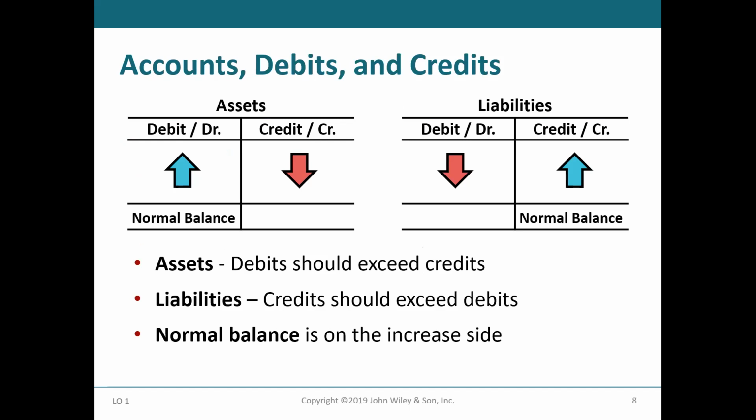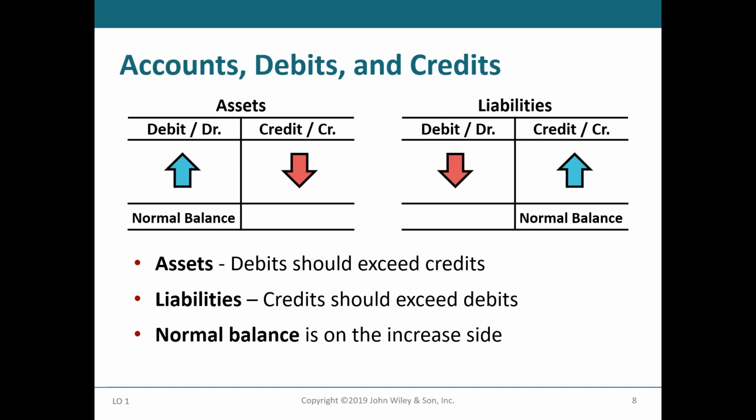Now we look at the normal balance. The normal balance of an account should always be on the increase side. So for example, assets: you remember assets are on the left side of the accounting equation, so when assets increase, we debit. It means for all asset accounts, the normal balance would be on the debit side, because the normal balance is on the increase side.